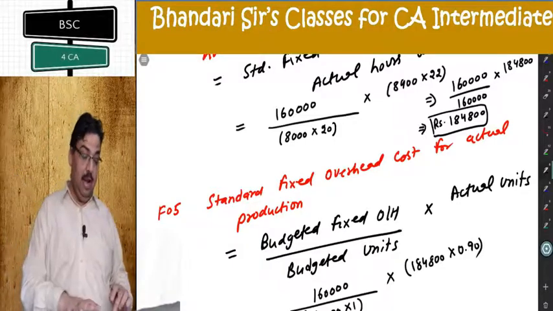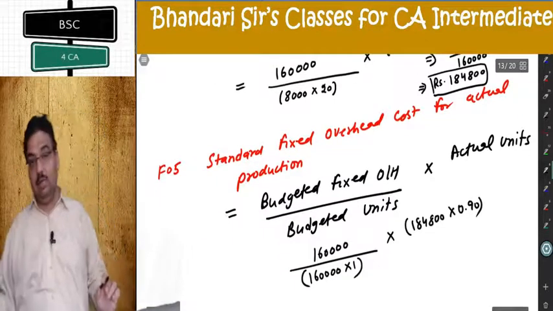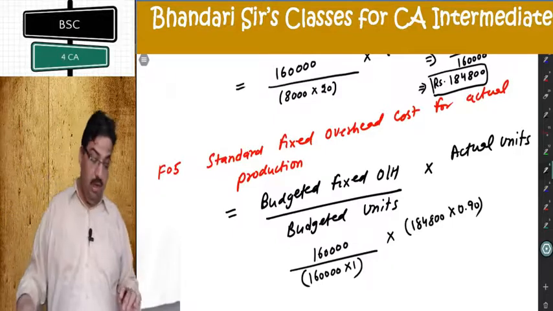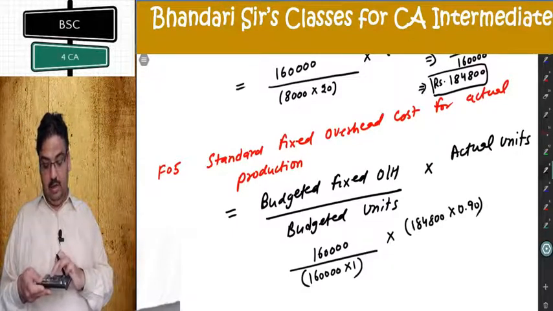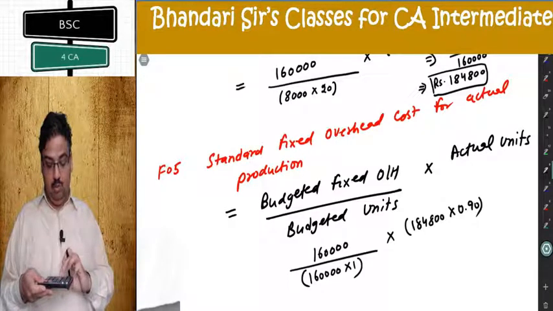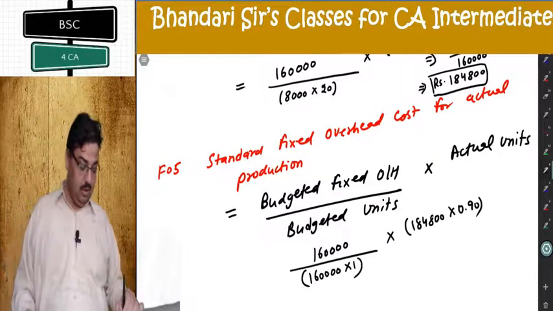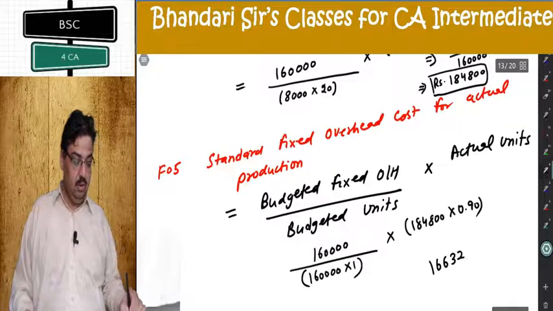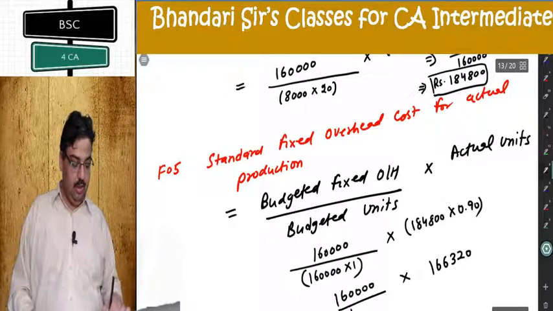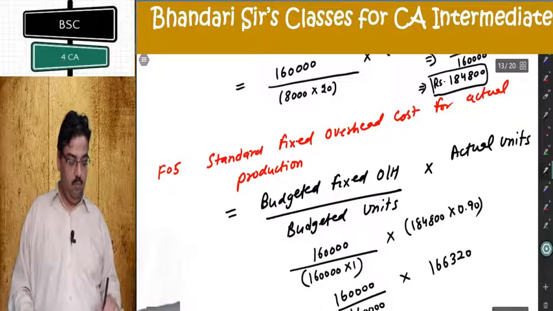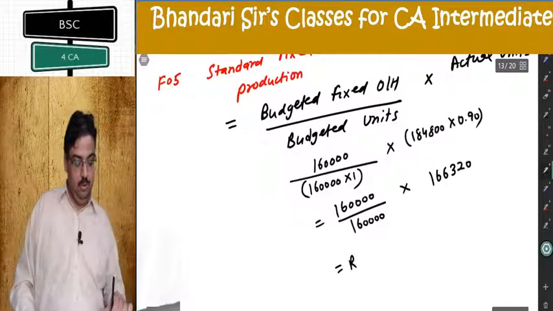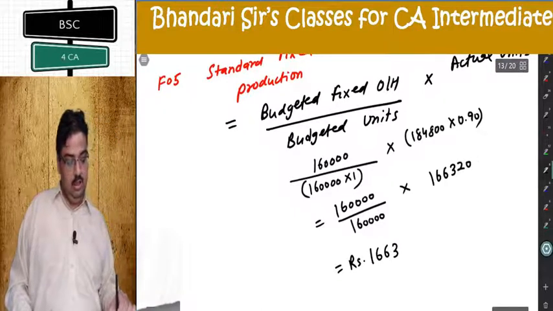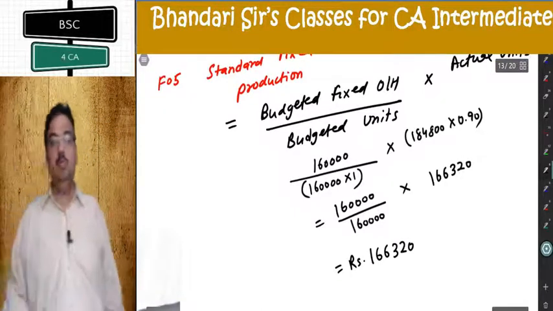So on planned hours we have applied 1,60,000 hours, 1,60,000 units. 1,84,800 hours into 0.9, actual production is 166,320. So I get 1 per unit applied on 166,320, which is rupees 166,320. Those are the 5 steps.